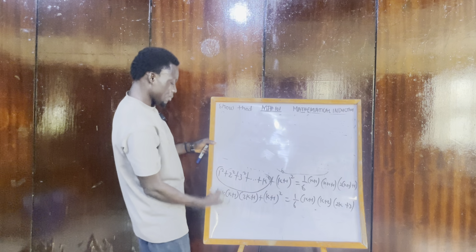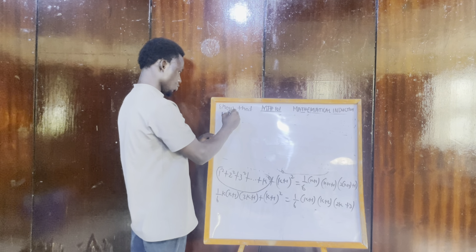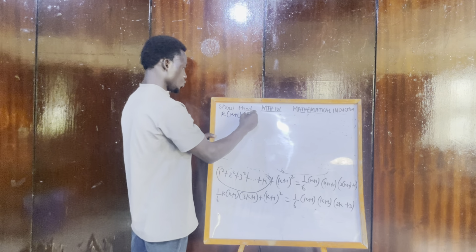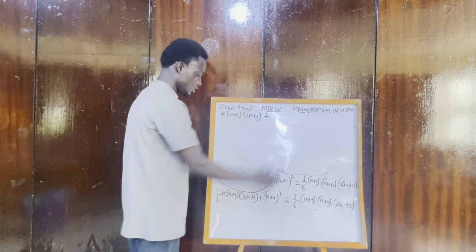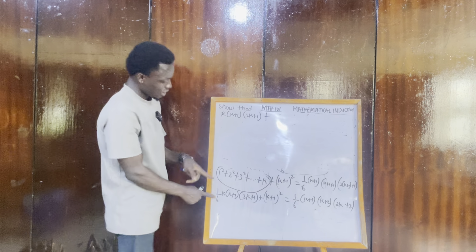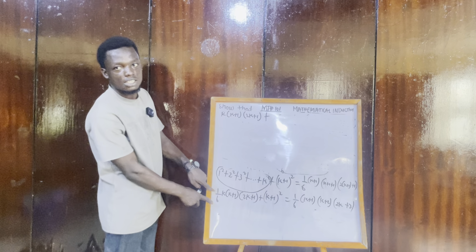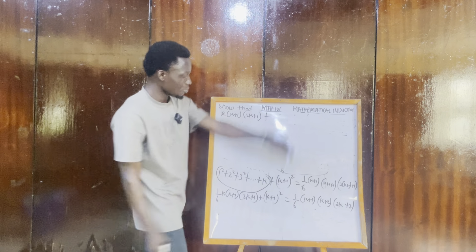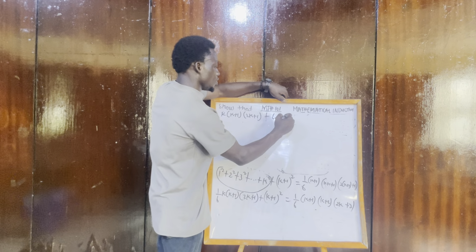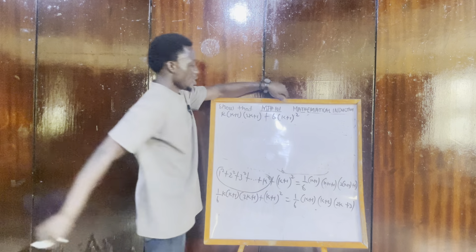If you use 6 to multiply this, you get k into (k plus 1), (2k plus 1), plus, if you use 6 to multiply this one, there will no longer be a 6 there because 6 times 1 over 6 is 1. If you use 6 to multiply this, you get 6 into (k plus 1) squared. Is that clear?